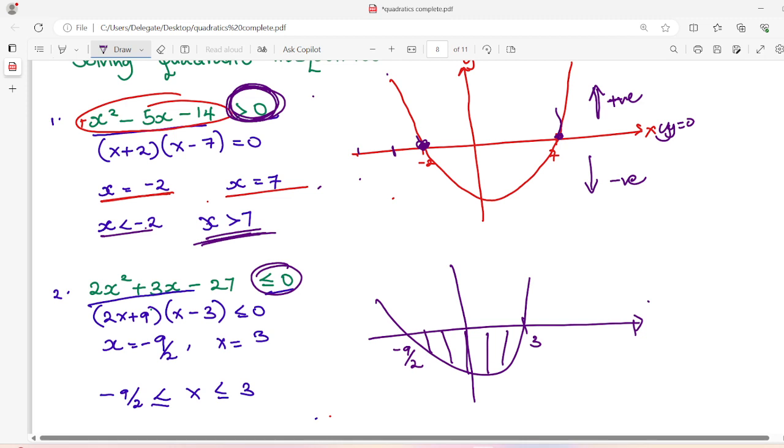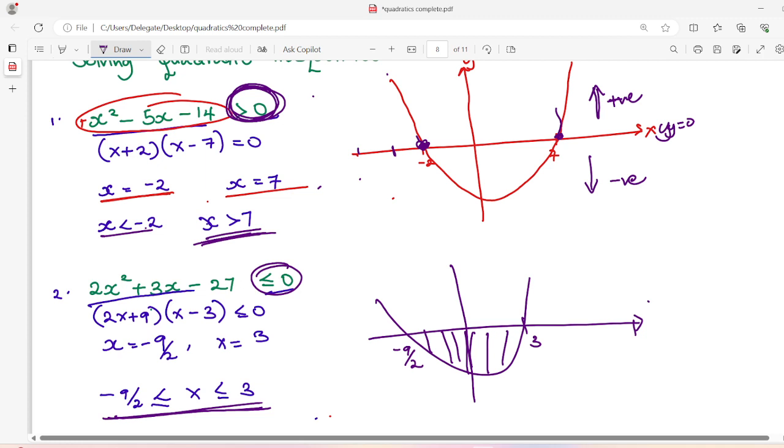So when they give you greater, just know we're interested in where it is positive. When they give you less, we are interested in the region where our graph is negative. So you need to be very careful, and the stating of answers really matters a lot. You can see where we had greater, I had to say x is less than the smallest and x is greater than the biggest, because we are interested in where our quadratic graph is above.